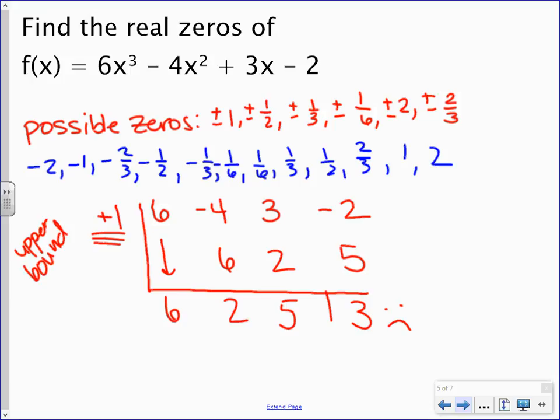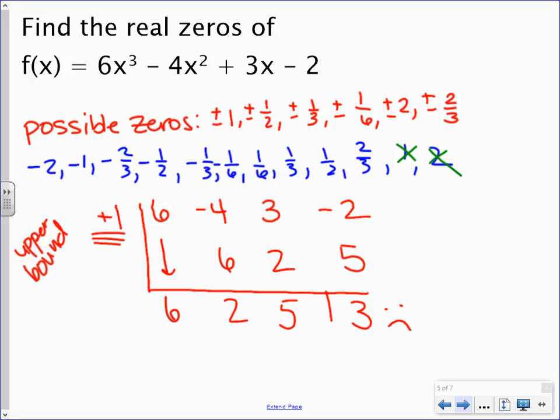So not only can we cross off 1, but we also know not to try what other zero? 2. Which could have been some of our next guesses. Okay, 2 is a nice number to plug in. Since we had a positive C value and our entire last row had the same sign, it's an upper bound. Don't try anything higher.